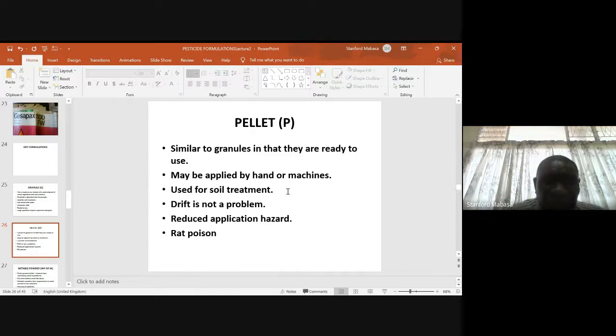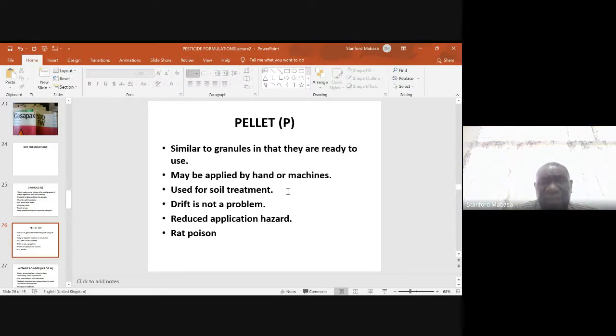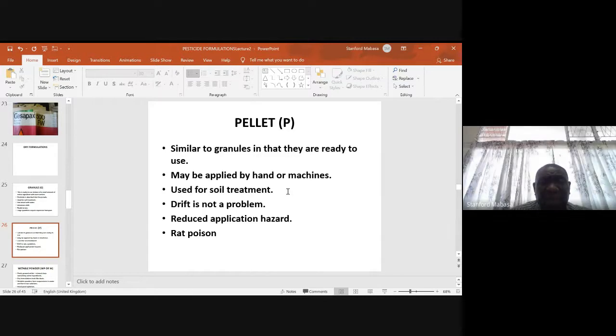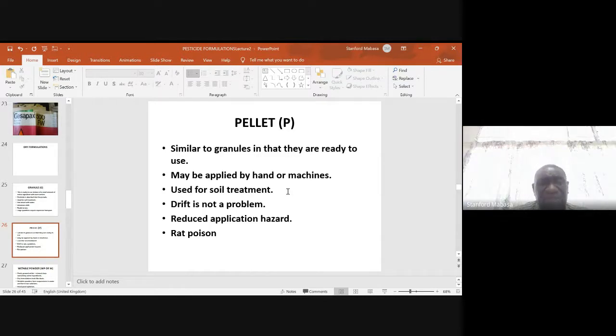From granules, you could have pellets. They are similar to granules, but I think these ones are a bit bigger in size. They could be applied by hand or machines. They are also used for soil treatment.